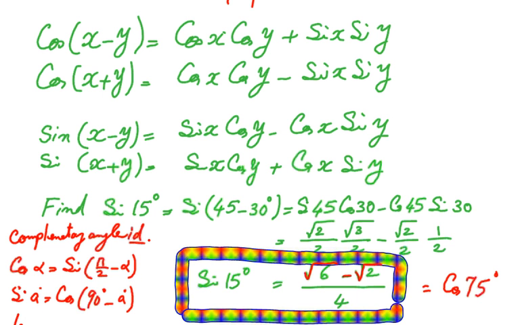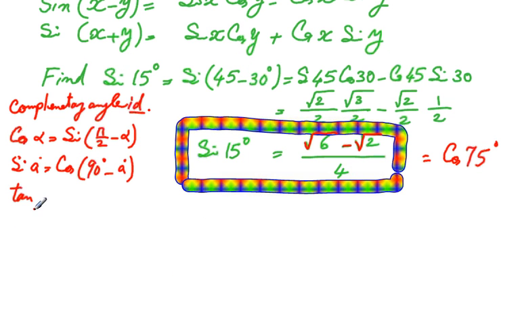Tangent of beta is the same as cotangent of what quantity? So trig functions come in pairs, and the angles also come in pairs, complementary angle pairs. Function of one is equal to the function of the other.